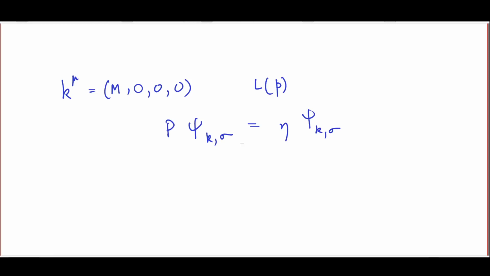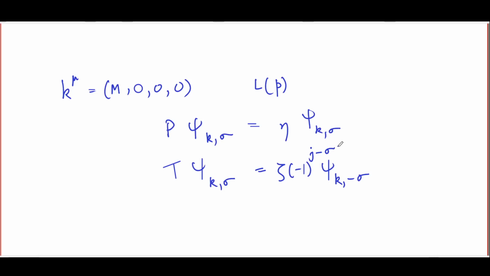We did a similar analysis for time reversal, and there we figured out that since time reversal also does not change the standard k, but changes the J3 component, what you would get is psi k minus sigma times a phase factor, which we figured out had to be of this particular form.